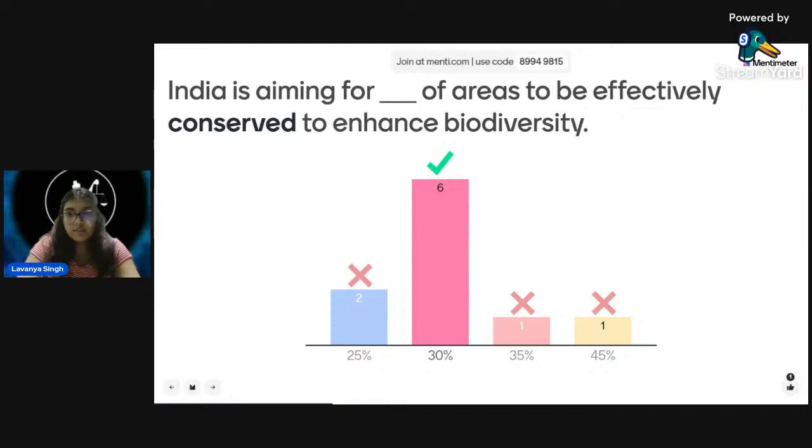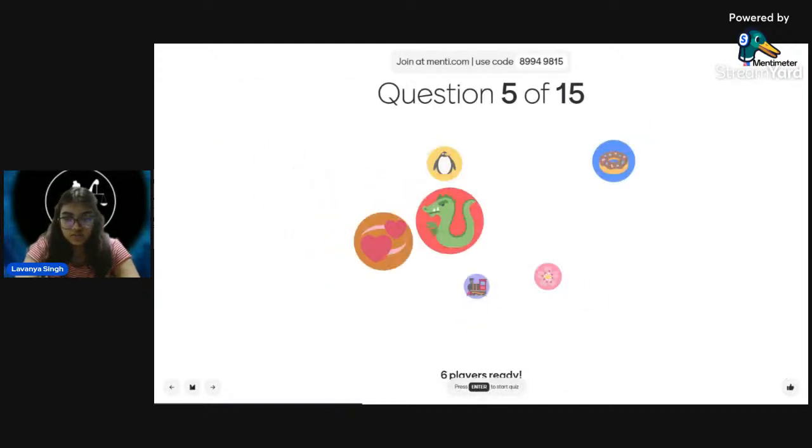Very good. 30% of area to be effectively conserved to enhance biodiversity. And also, India is targeting a 50% reduction in the introduction and establishment of invasive alien species, be those flora or fauna, both of them. Moving to the next question.